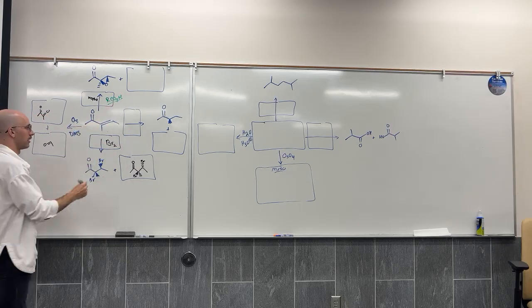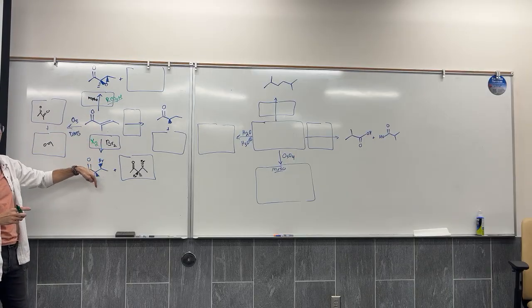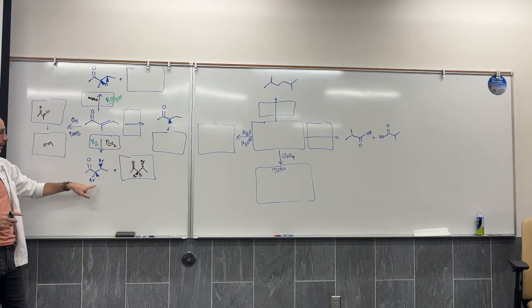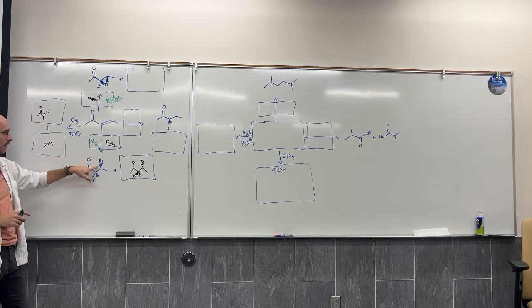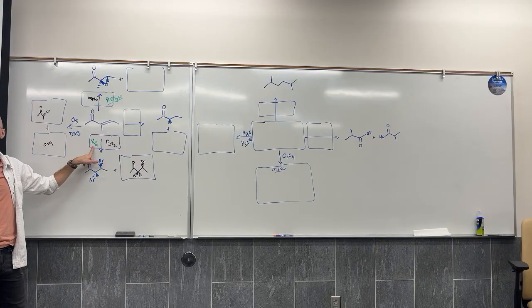But earlier, Andrew had put X2 as the reagent for this reaction, recognizing that there's a vicinal dihalide formed. He put X2 because that's what's on the reaction chart that I gave you. But X2 doesn't tell me which halogen.